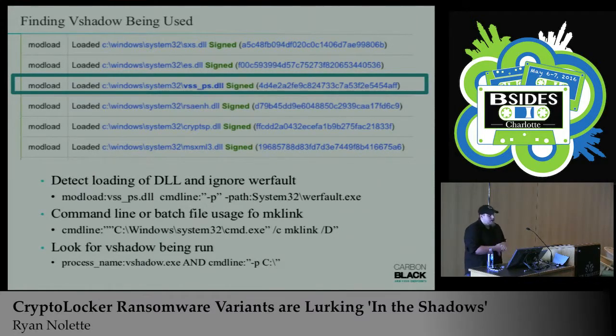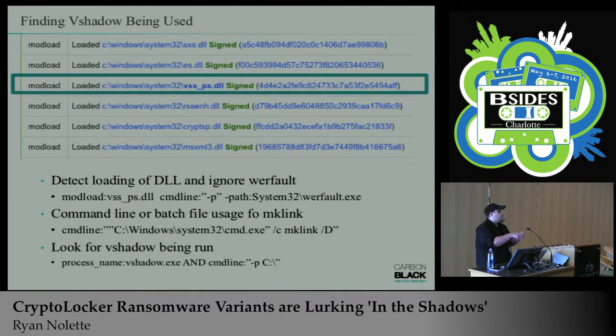The last thing that I look for is vshadow.exe at the command line being run with that -p option in order to create the pointer and that symlink. So these are three different queries that you can run in your environment, depending on what your security tools on the actual system can see. Here are different variants.